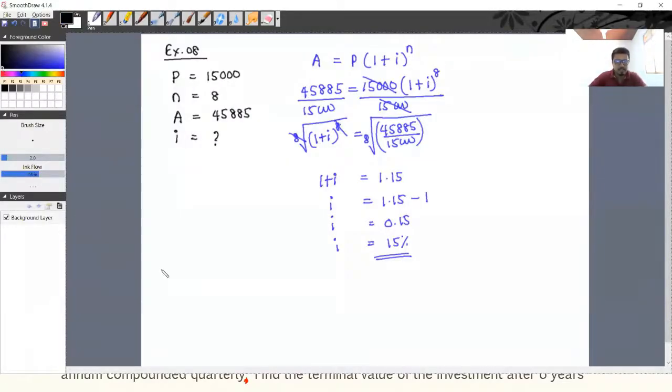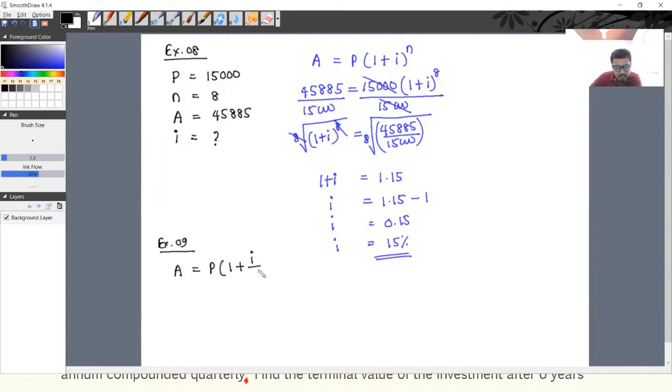We'll do example number 9 here. A equals what? P into 1 plus, this time it is compounded quarterly, more than 1 time per year. Therefore, we need to do this adjustment.